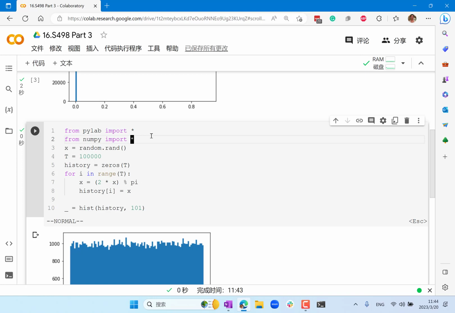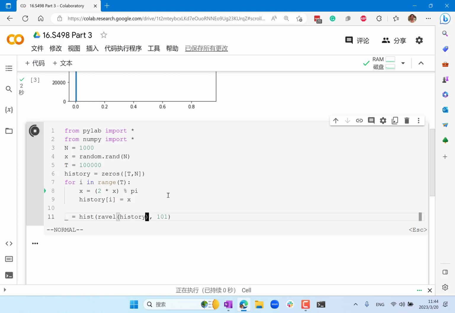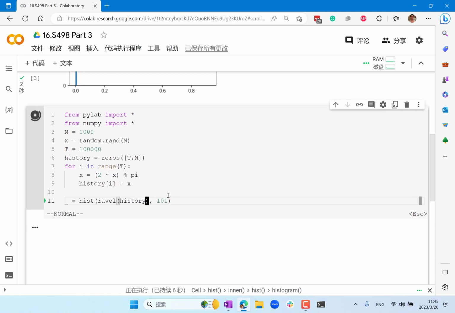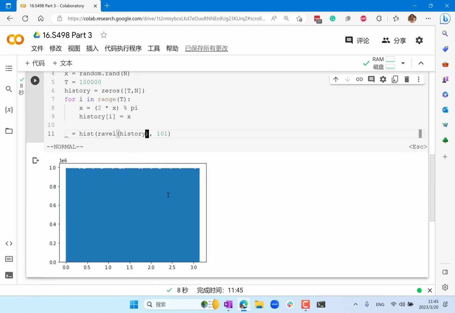Let's do 1,000 trajectories, and when we do a histogram, we coalesce these 1,000 trajectories, and we should see something very close to a uniform distribution by averaging not just over a long time, but also over many trajectories, right? So we do see this uniform ergodic distribution. All right, any questions?